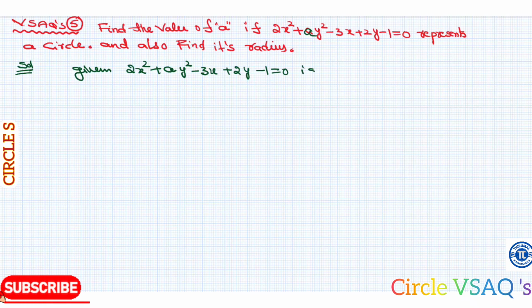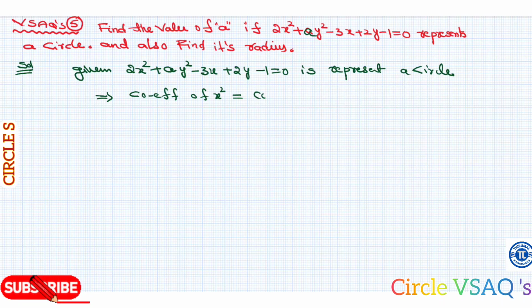Then we have the coefficient of x² must be equal to the coefficient of y². So in the given equation the coefficient of x² is equal to 2, and the coefficient of y² is a, so then we get a value is 2.